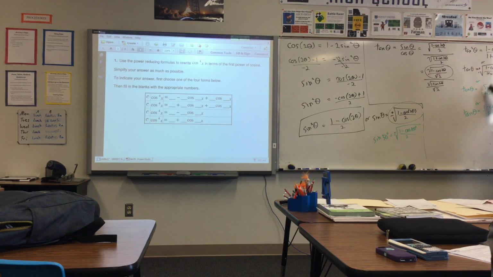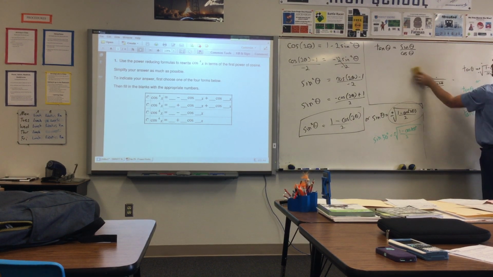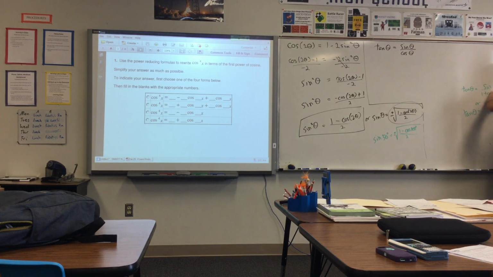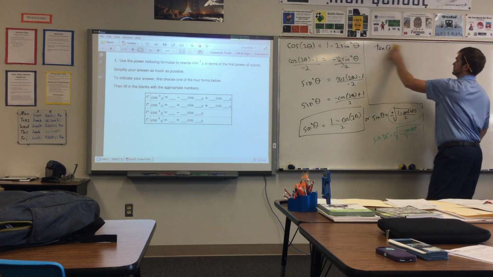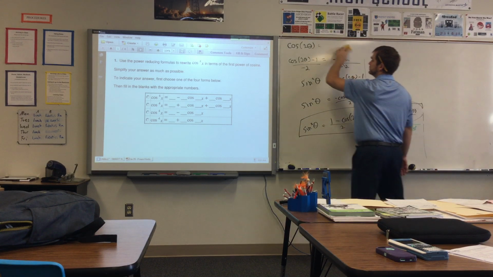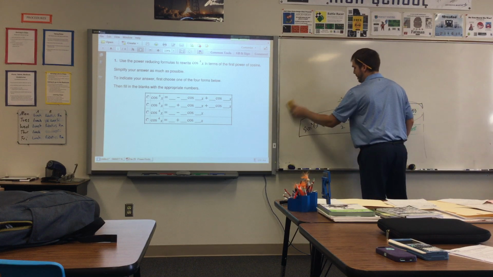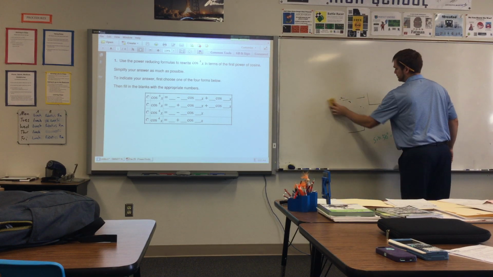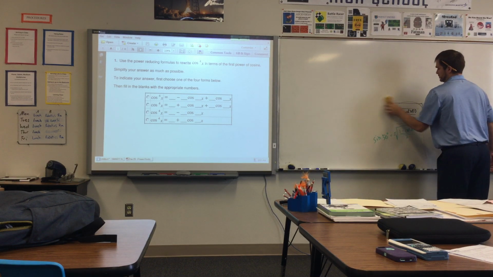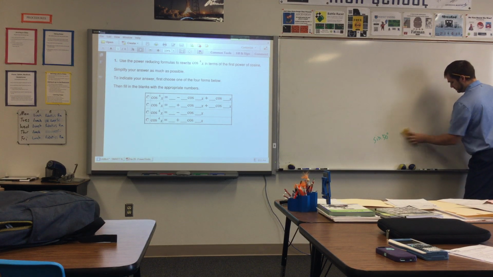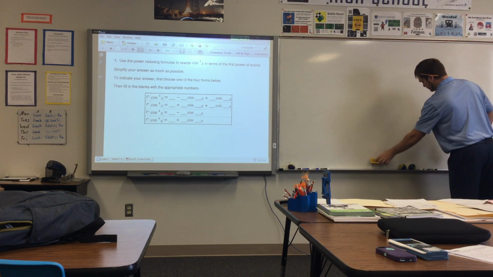Cool, you got all this? Everybody good? All right, DeMarcos, read that problem to us, please. Use the power reducing formulas to rewrite cosine to the 4th power x in terms of the 1st power of cosine. Simplify your answer as much as possible. To indicate your answer, first choose one of the 4 forms below. Then fill in the blanks with the appropriate numbers.